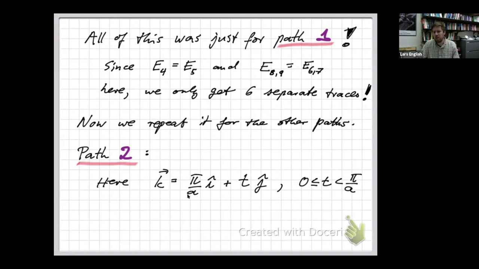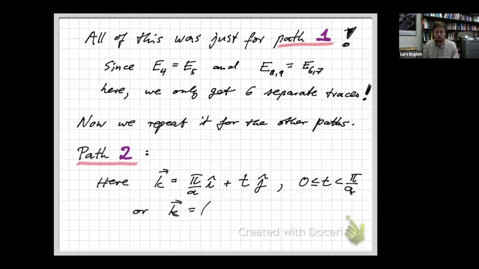Here's a constant vector pointing right, and then this gets us to the right edge of the Brillouin zone, and then this gets us to the corner. And t here runs from 0 to pi over a. So when t is 0, we're basically where we ended on path 1. When t is equal to pi over a, we've arrived at the corner. So t again parameterizes that particular path.